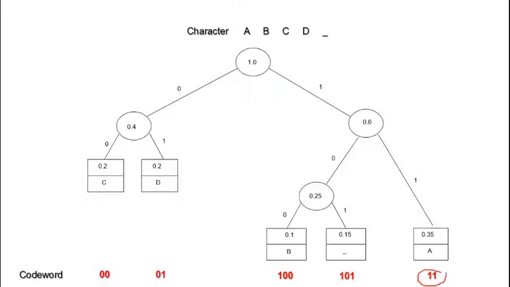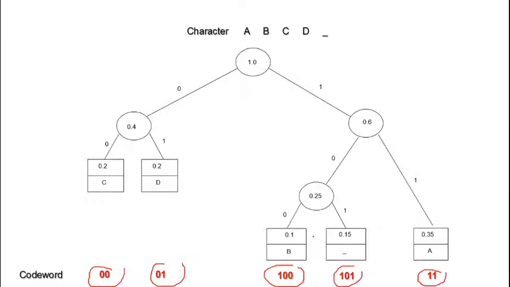For B, we obtain 100. For C, it is 00. For D, it is 01. And finally, for the underscore it is 101.